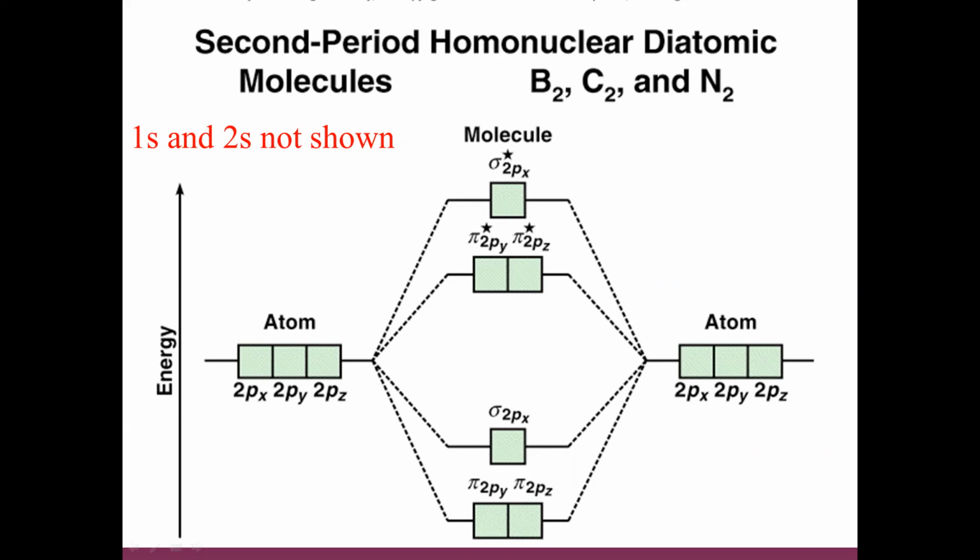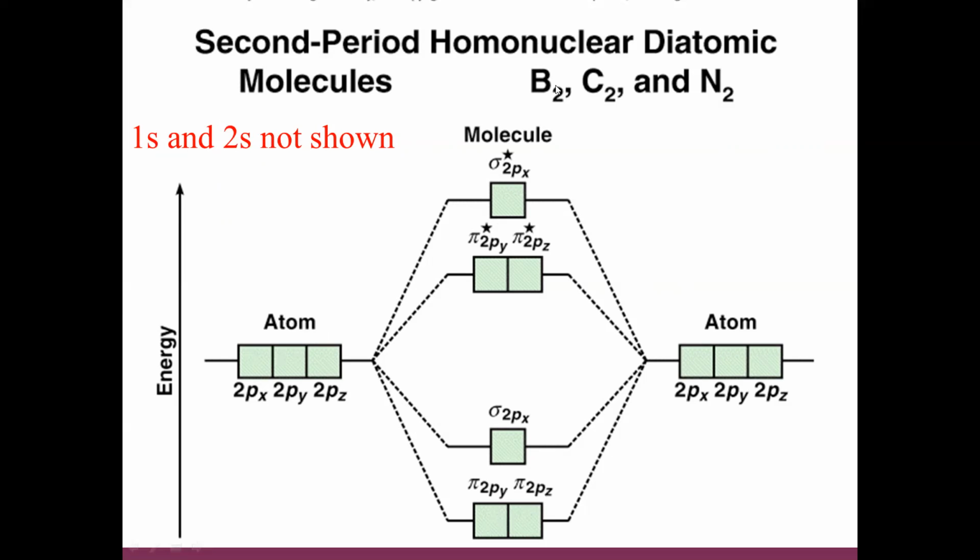I mean the 1s and 1s form the 1s sigma bond and 1s anti-sigma bond. They are located below here, but in order to save space, temporarily I skip that step. So we focus on the upper part, the valence electron part.